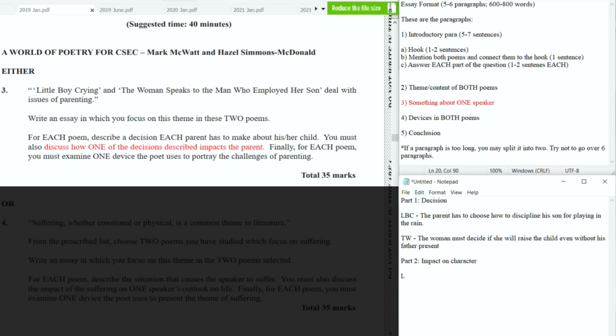Little Boy Crying. What is the effect? So in the poem, the father decided to slap his son, and that affected him. How? The father feels guilty. He felt guilty, I think, for punishing his son with a slap.